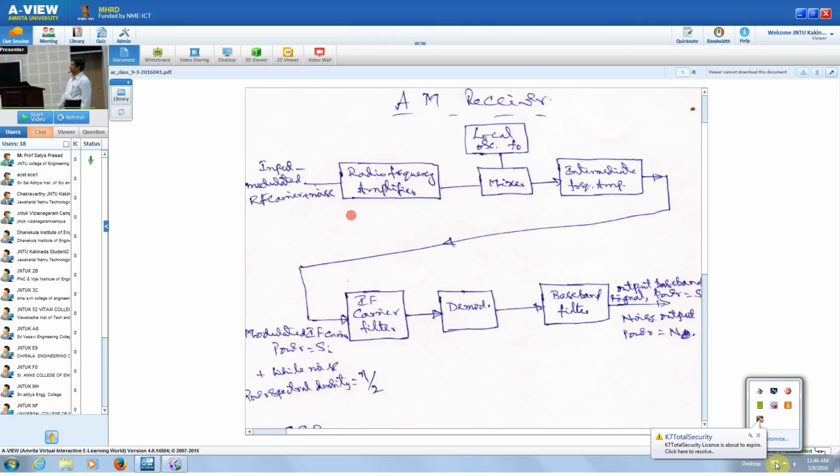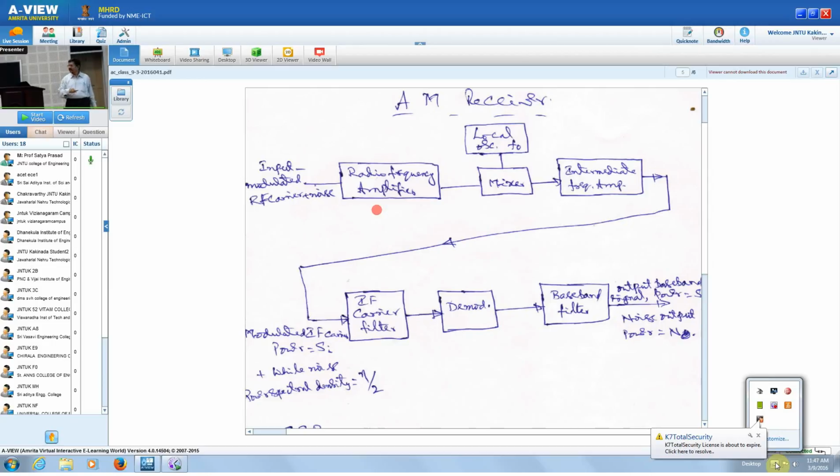You have the RF signal with the amplifier, then your mixer which down converts to the intermediate frequency, and the same modulation is there on this intermediate frequency. Whatever the modulation is on the RF frequency, the same modulation is going to be there in the intermediate frequency also. Instead of RF frequency FC, we are shifting to FIF, with the modulation bandwidth that we are going to have.